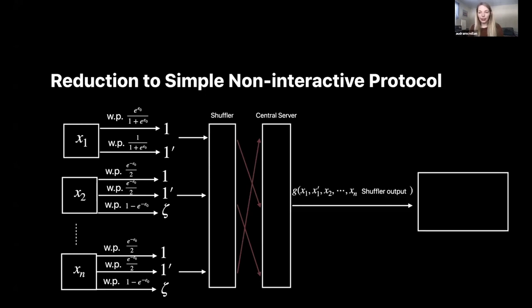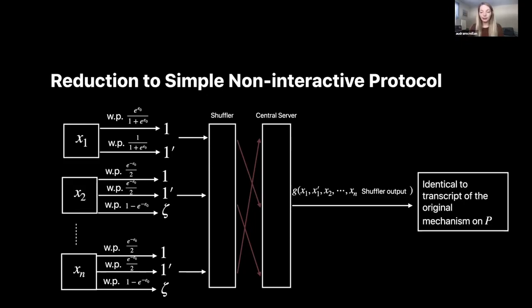And what we're going to guarantee is that there exists some post-processing function G that can do the following. It takes in what was given to the central server, so the output of the shuffler, and it takes in both P and P prime. So it doesn't know whether the sample came from P or P prime. It's just told both of those data sets.